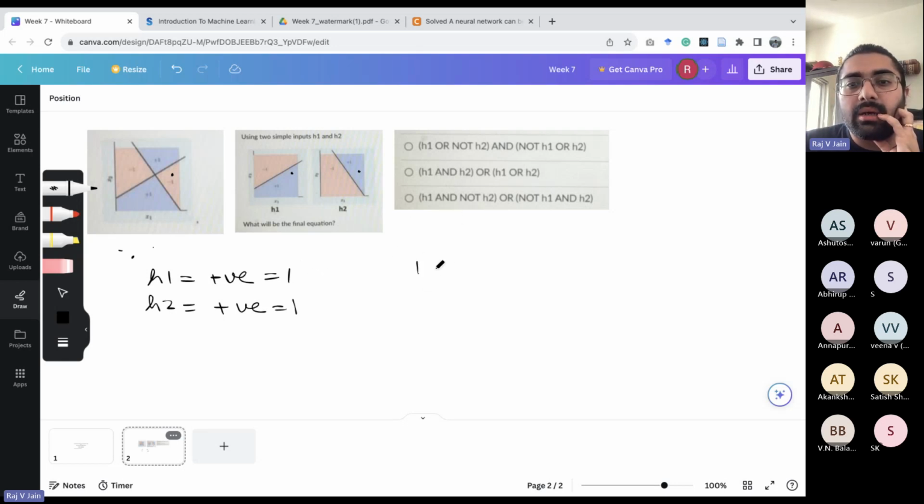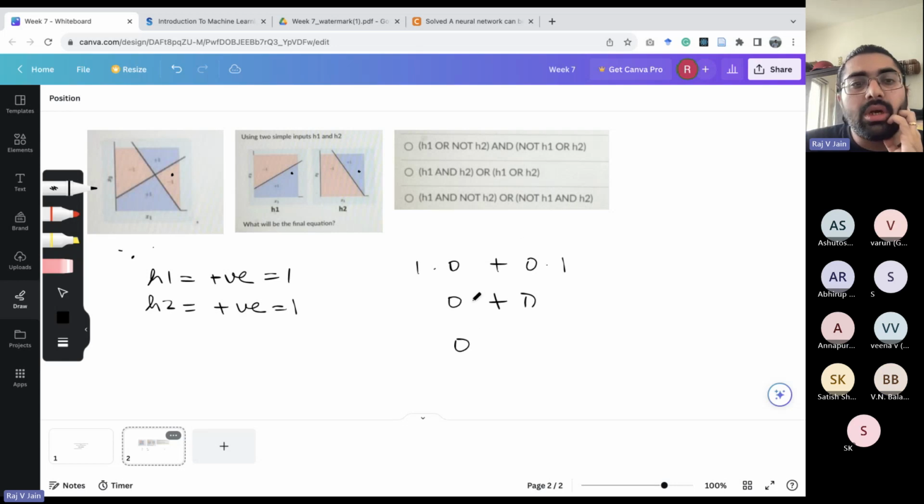So H1 and not H2, that is 1 and not 1, is 0. Or not H1 and H2, that is 0 and 1, gives 0. So 0 or 0 is 0, which is exactly what you want. So a point in this area is classified as 0 with this option. Now you can try all the remaining ones and see what comes out.